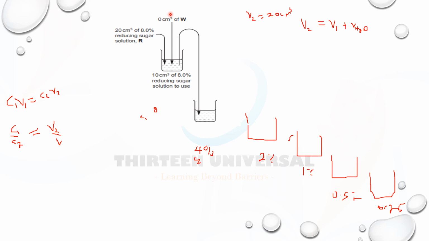All right, so let's roll it. What I need to get is this V1. That's what I need to get. And once you get the first V1, it's the same. You're going to use this to produce this, use this to produce this, and so on. But remember that each time you're going to add water to dilute.